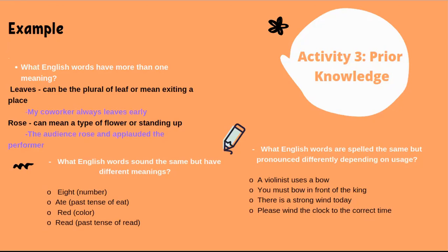The second question could be, what English words sound the same but have different meanings? As an example, eight, which is the number, and ate, which is the past tense of the verb eat. Red, which is a color, and read, which is the past tense of the verb read.